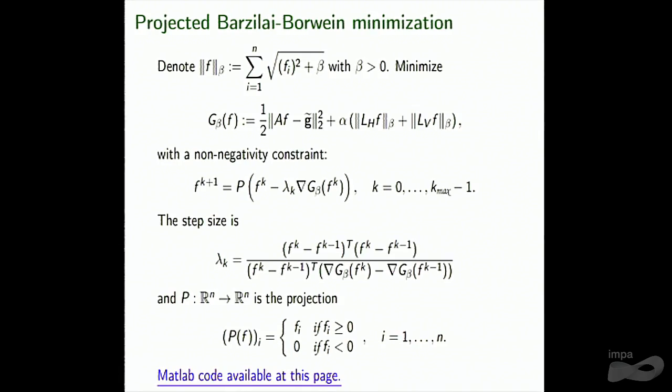But in my experience in practical tomography situations, when you can have millions of voxels and millions of data points, it may be impractical to use such methods. At least in my experience, the method that can be pushed to the largest scale that I know of is the Barzilai-Borwein minimization method.